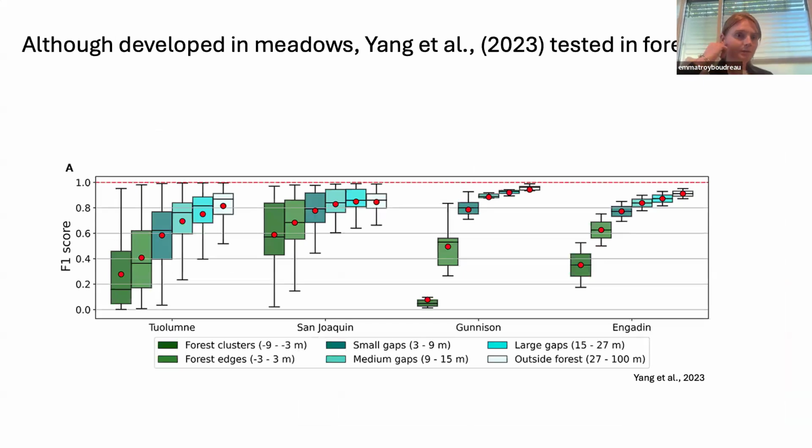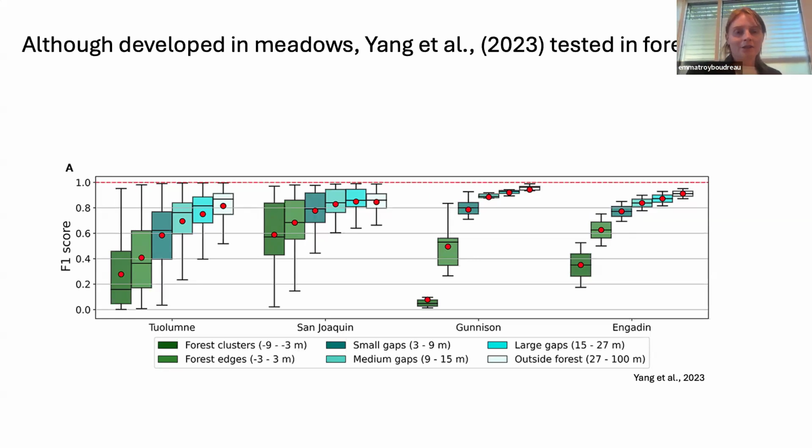And so Yang et al., although it was developed for these meadows, they actually tested it in forests and found that as you get closer to the canopy edge, and once you are in the canopy clusters, the model performs worse. And once you're in the open, it has better performance.